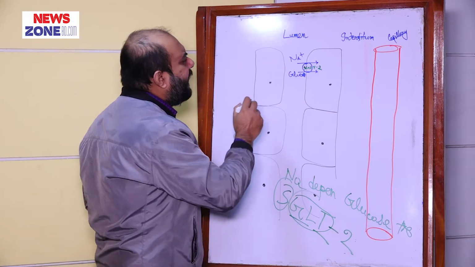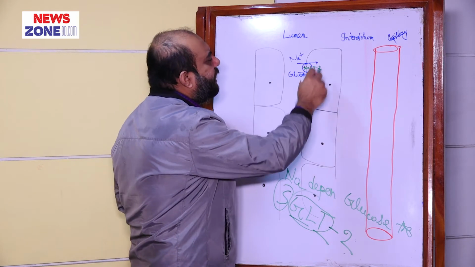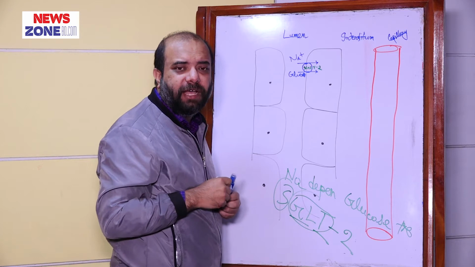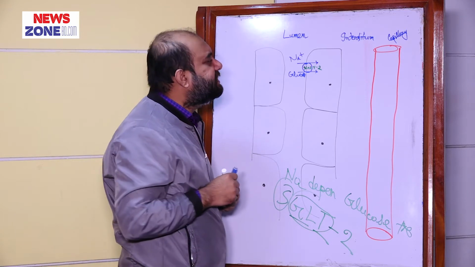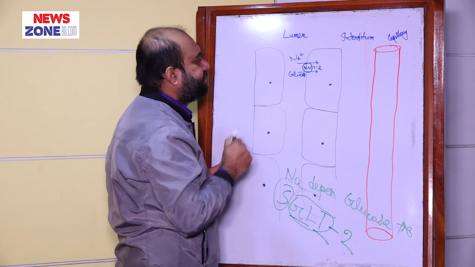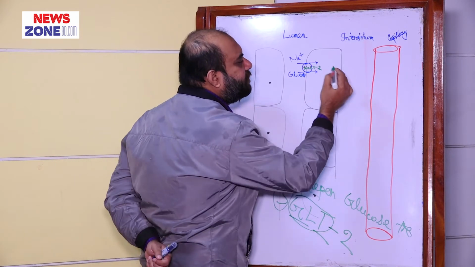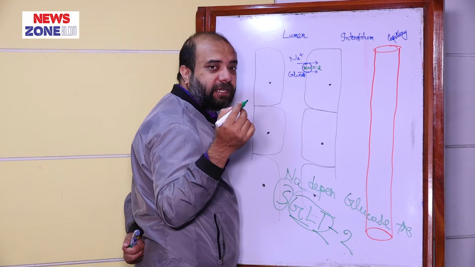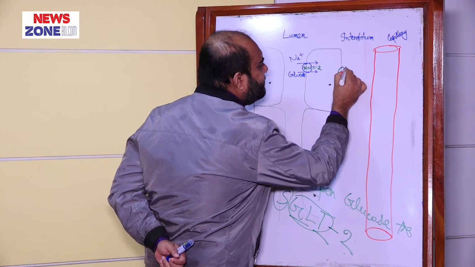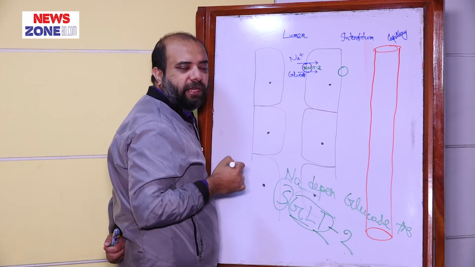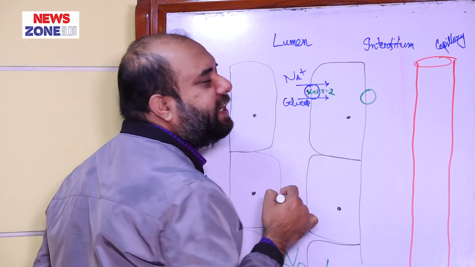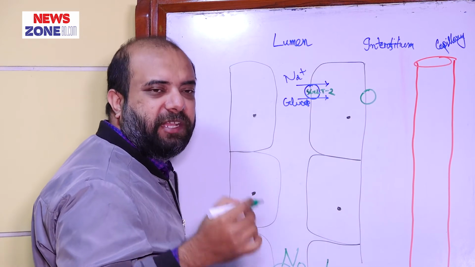Now, the energy is derived from the primary active transport, which is situated on the basolateral surface of the same cells. So we will draw the primary active transport process on the basolateral surface. This is the transport protein, or we can call it a pump protein, known as the sodium potassium ATPase pump.